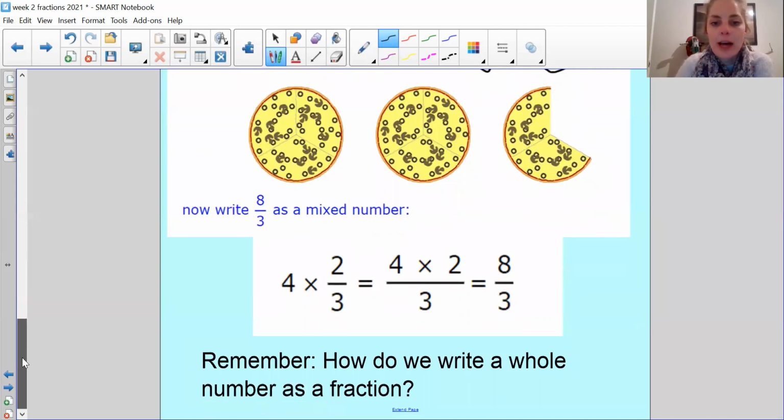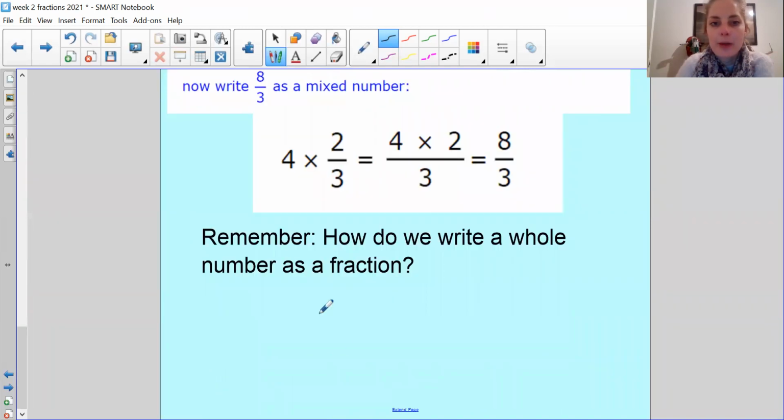And just a reminder of how do we write a whole number as a fraction? So if I had the whole number 4 times 2/3, how would I write that 4 as a fraction? Who can remind me? What would I put here at the bottom? So this number would go into 4 equal times. And hopefully you have reminded yourself and you said the number 1.